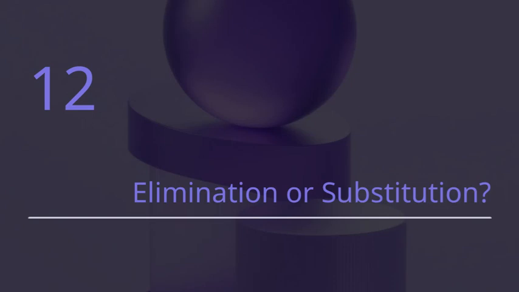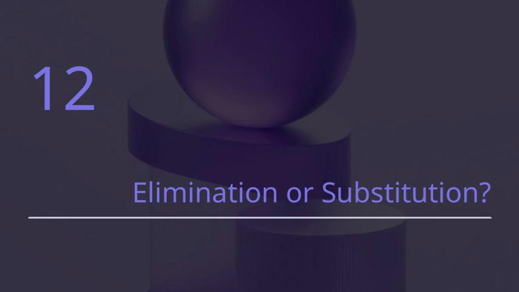Let's talk about elimination or substitution. When we're considering process improvements or problem-solving approaches, these are two key strategies. Elimination involves removing unnecessary steps or components that do not add value, streamlining the process. Substitution, on the other hand, means replacing a part of the process with a better or more efficient alternative. Both methods aim to improve efficiency and reduce waste. It's important to evaluate which approach best fits the situation.